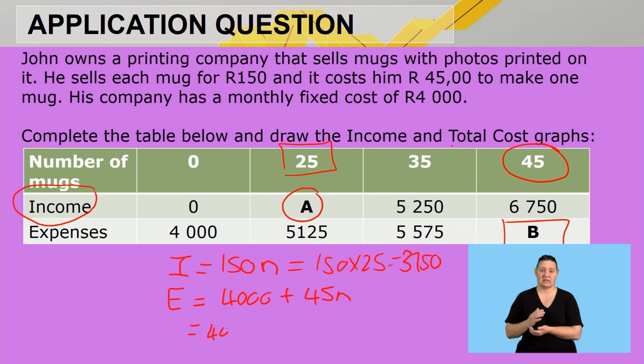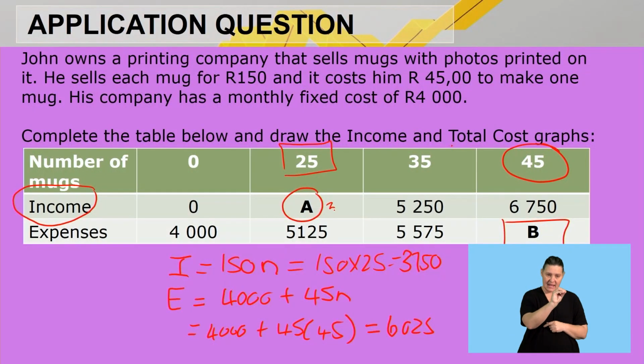So it's going to be 4,000 plus the 45 times 45, and that gives us an amount of 6,025. Now remember, the moment you need to complete the table, go back into the table and put in the values. So by A, we're going to write 3,750, and at B, we're going to write 6,025. This will make it much easier when you need to go into a graph.